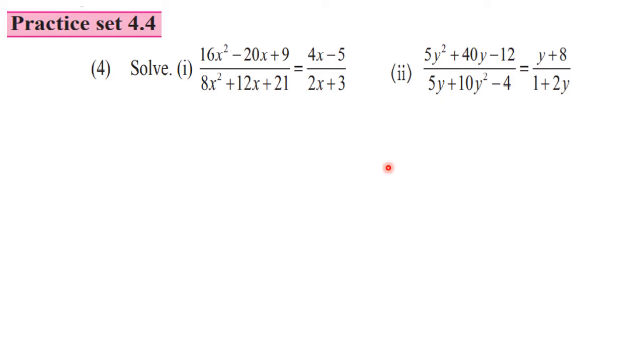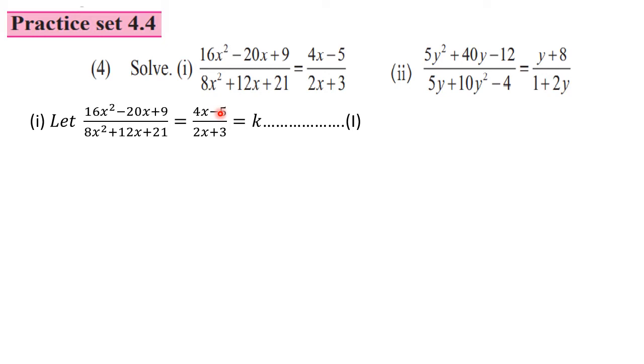So the first one: 16x square minus 20x plus 9 divided by 8x square plus 12x plus 21 is equal to 4x minus 5 upon 2x plus 3. And the question is, solve. That means you have to find the value of x.